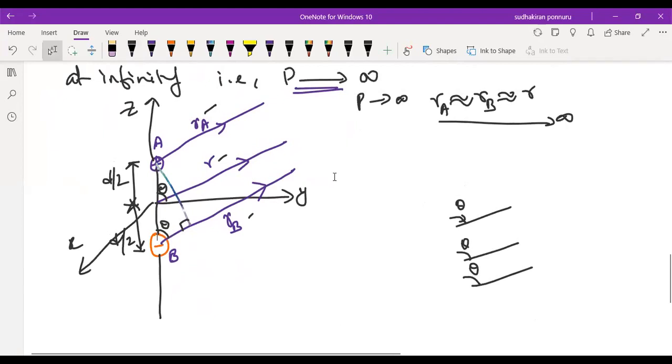Now I am going to obtain some equations from the diagram. Now I want this distance.